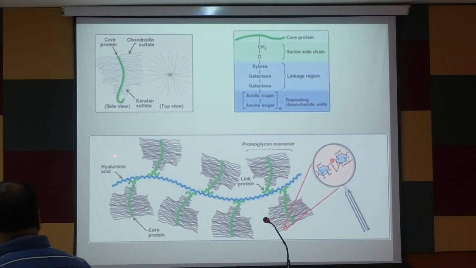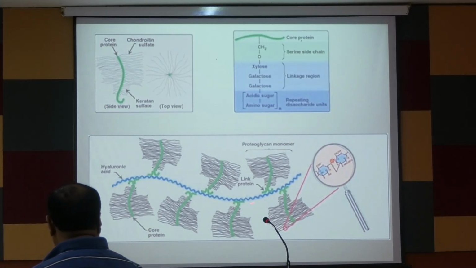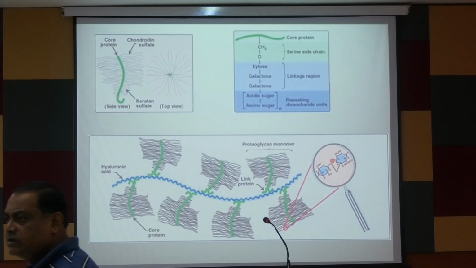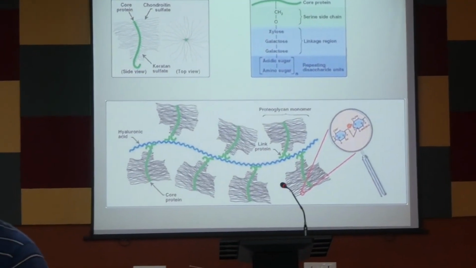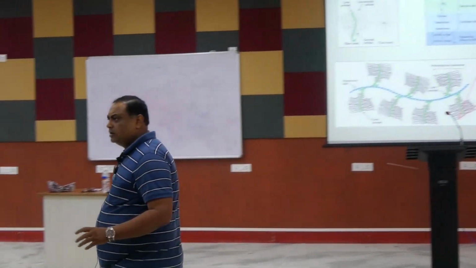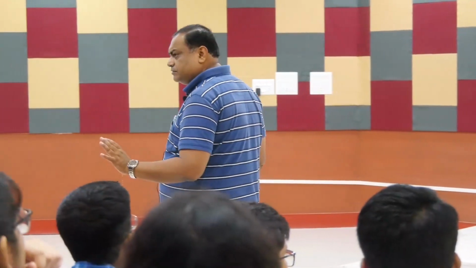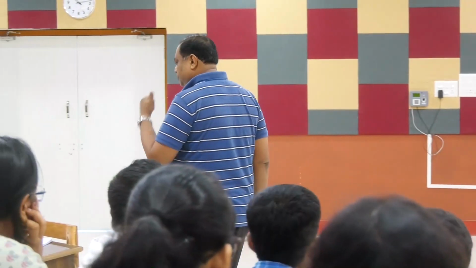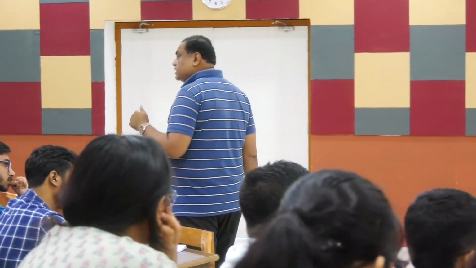See this one. And when many such monomers are joined to this blue colored ribbon, which is hyaluronic acid, we call it a proteoglycan polymer. Now, is it very clear to everyone? When I say GAGs, what do I mean? When I say proteoglycan, what do I mean? When I say mucopolysaccharide, what do I mean?